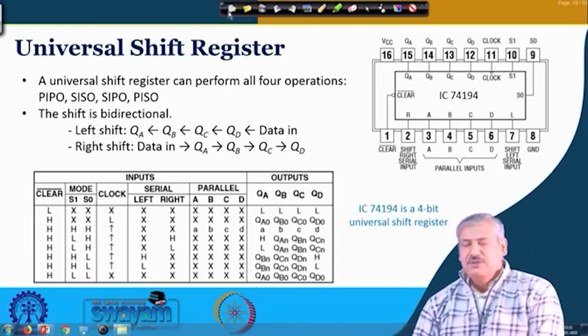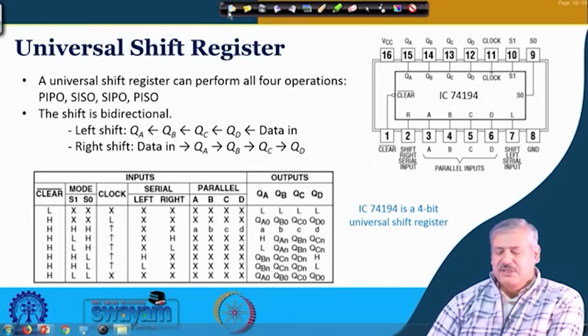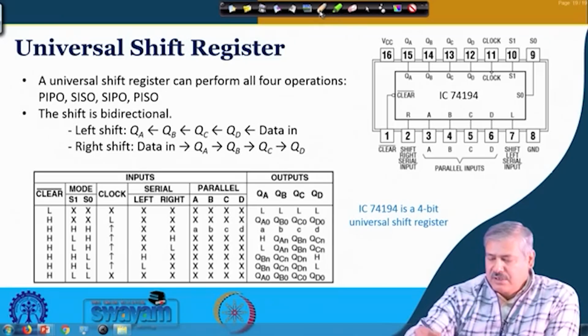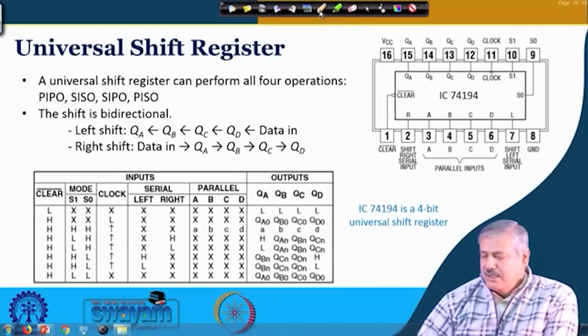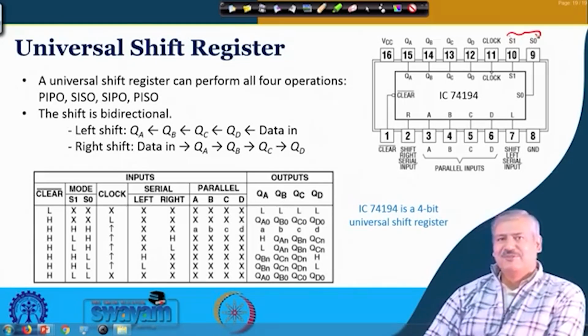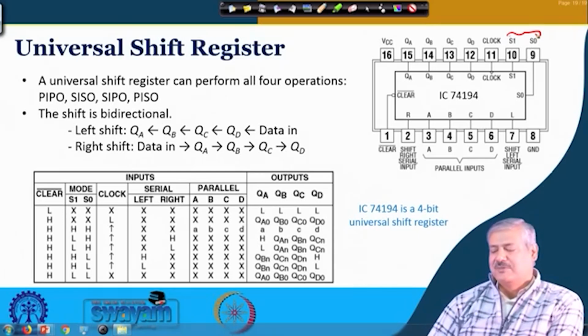So, let us look at a practical circuit again, which will help us in understanding how it works, and we shall look at the inside circuit as well. You can see this is IC 74194. It has S1 and S0, two control inputs, not one. Earlier, with shift/load, there was only one control input.